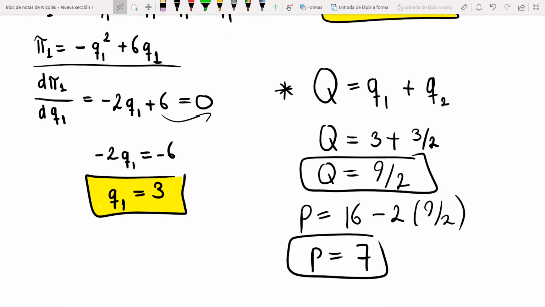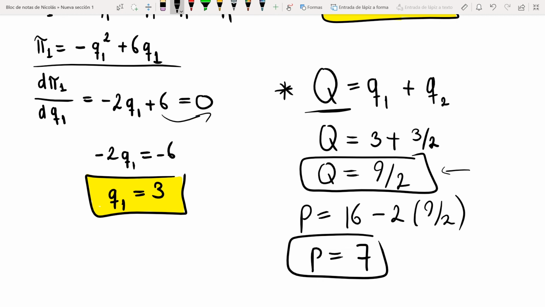Right here we can also find the total quantity produced in the market, which is quantity 1 plus quantity 2. So it is 3 plus 3 over 2, which is equal to 9 over 2. And we can also use the inverse demand function, which is 16 minus 2 times Q, which we already have.